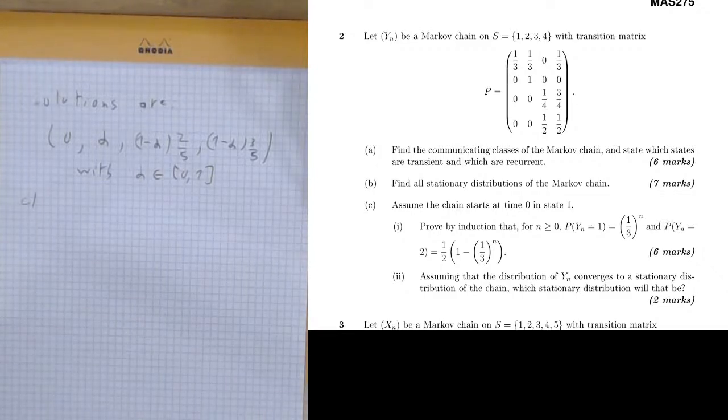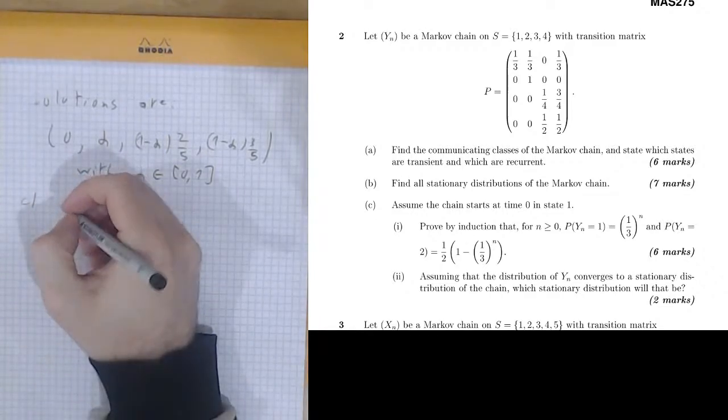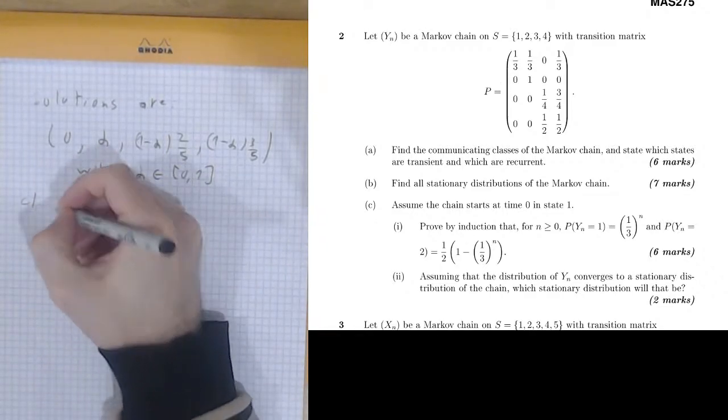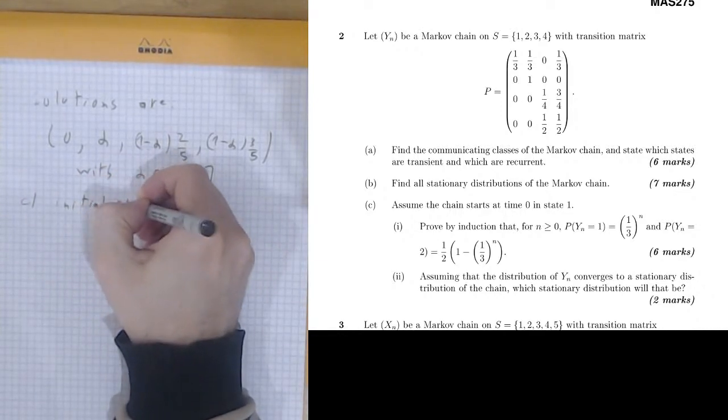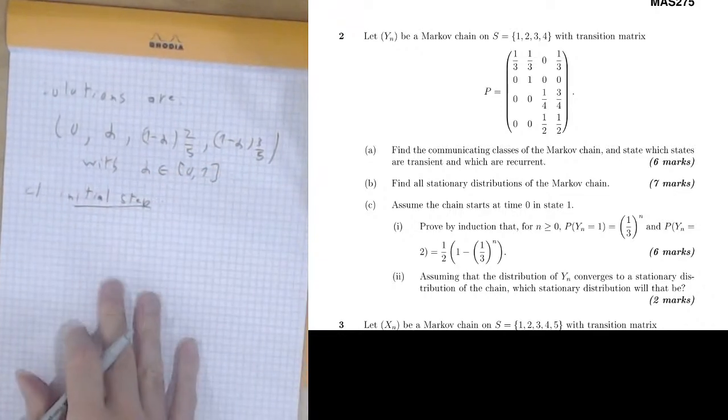So this is just, it's good that the answer is given, because you can use induction the way you like. Well, as in, you don't have to guess things to do the induction, just do it. So initial step of an induction, I don't know how you usually write this. So n equals 0.